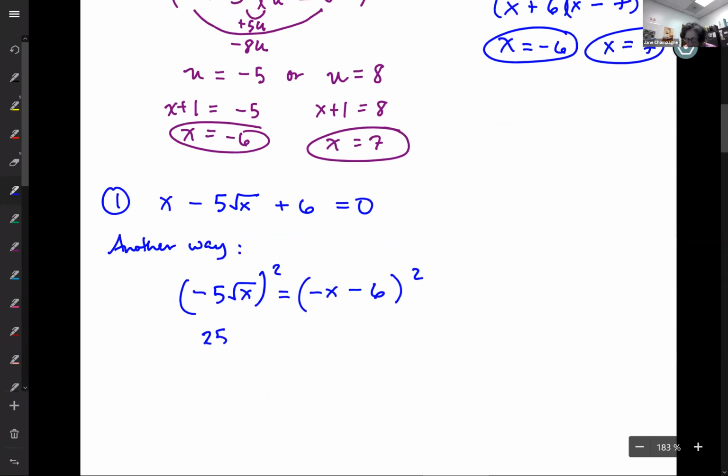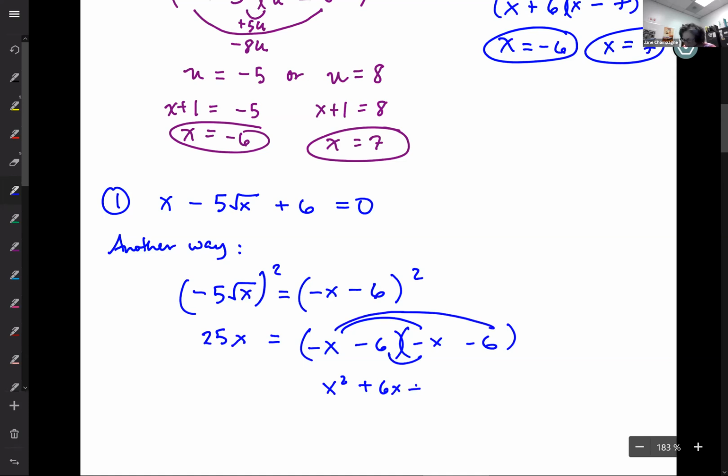Then you get 25x equals, and you'd FOIL this out, and you would get a positive x squared, a positive 6x, another positive 6x, and a positive 36, because you got negatives times negative.